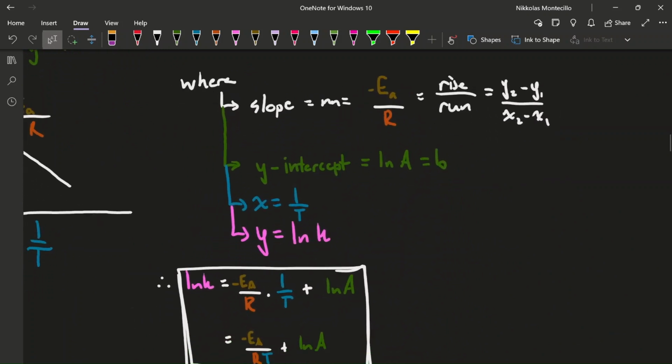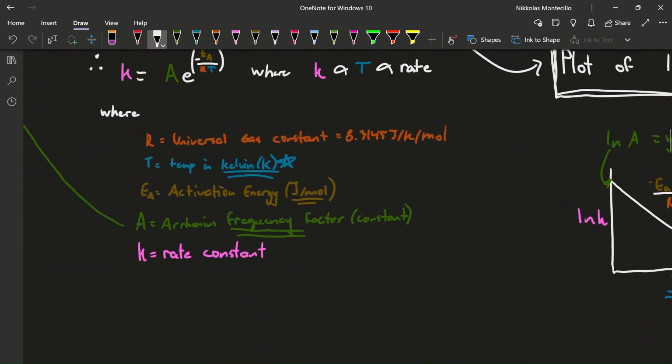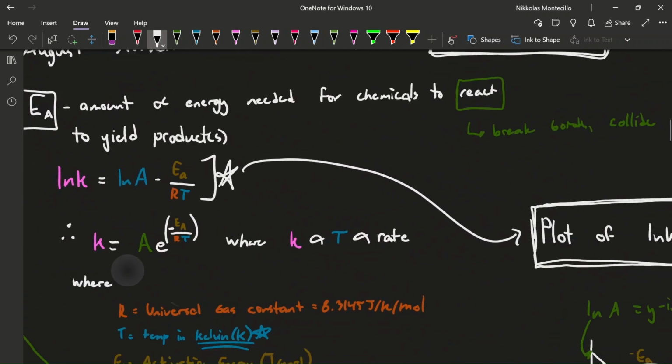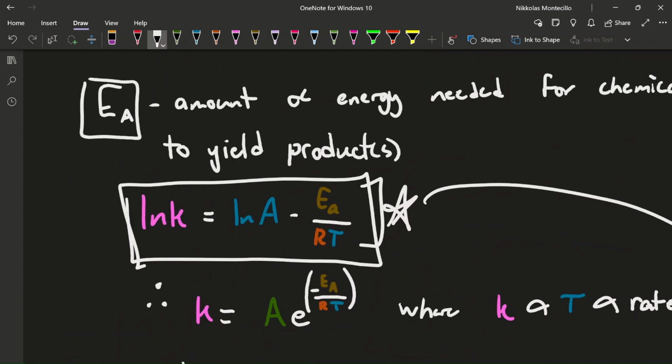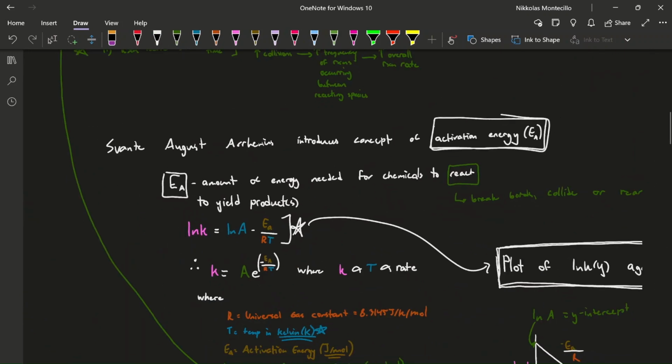And when you put it in the form of y equals mx plus b, we get the exact same formula that I showed previously, which is this one.